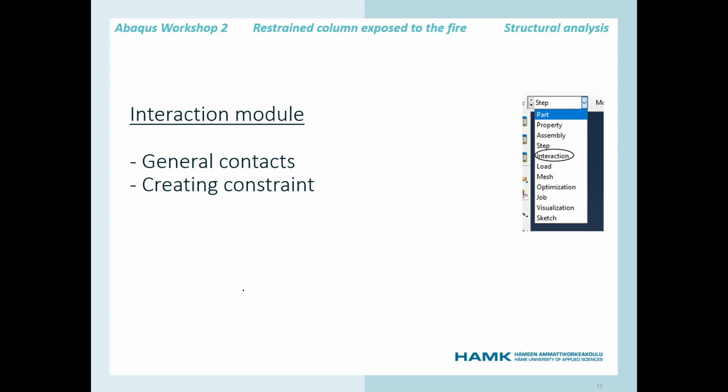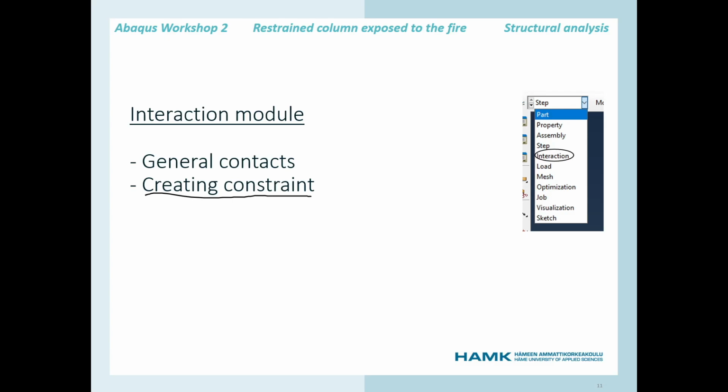So we will have the contact definition, and then we will create some constraints in order to connect those parts with the plates. We will connect those plates and the column together using a tie constraint, and also have those MPC constraints in the interaction module, and then we will also create the general contacts in the interaction module.